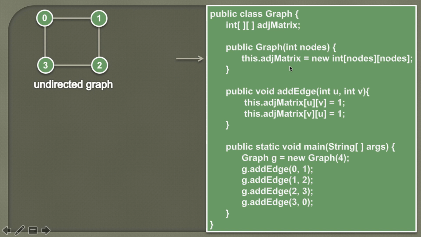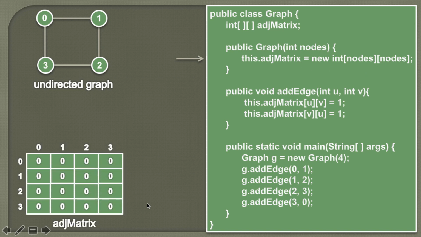In the constructor we simply initialize an object of matrix by providing the value of row and column as the value in nodes, which is nothing but 4. After execution of this step it will create a two-dimensional array, which is a 4x4 matrix. So it would look something like this. Here it is represented as an adjacency matrix, which is a 4x4 matrix. Moving ahead.